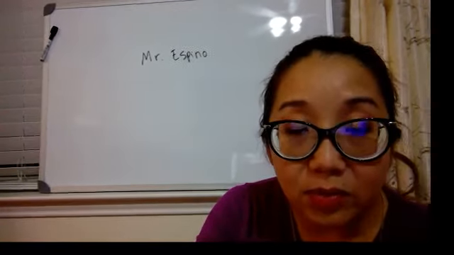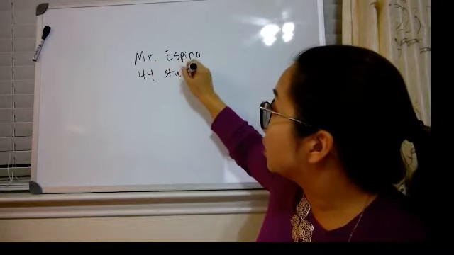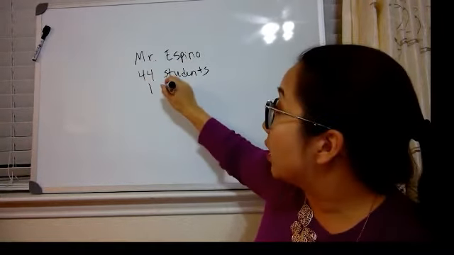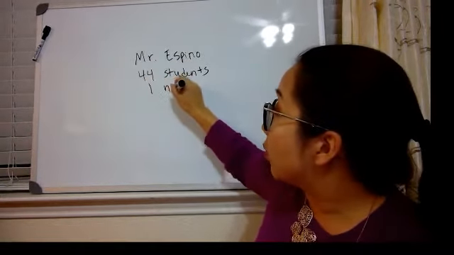Okay, so there are a total of 44 students, and each student needs one notepad. So I know there are 44 students. Each student needs one notepad. And I know that the notebooks are sold in packages of 5.